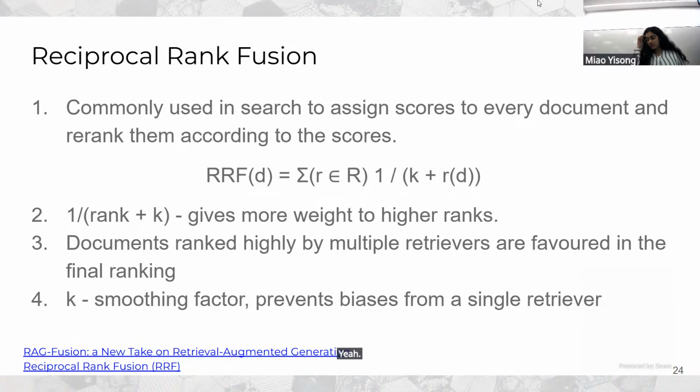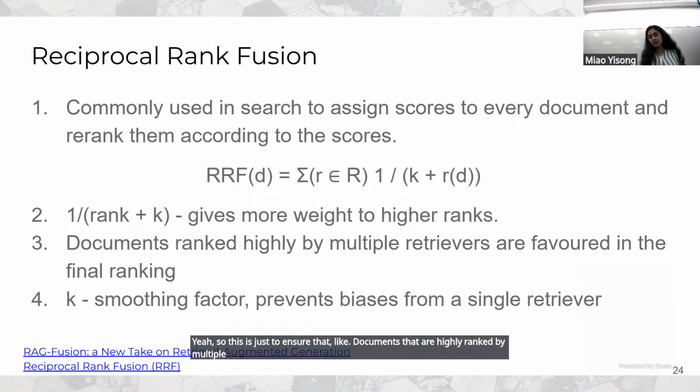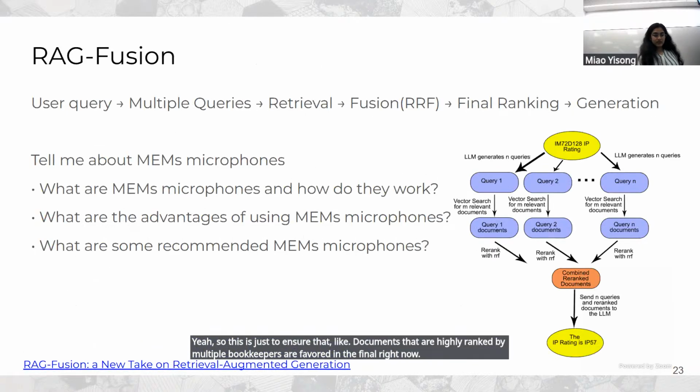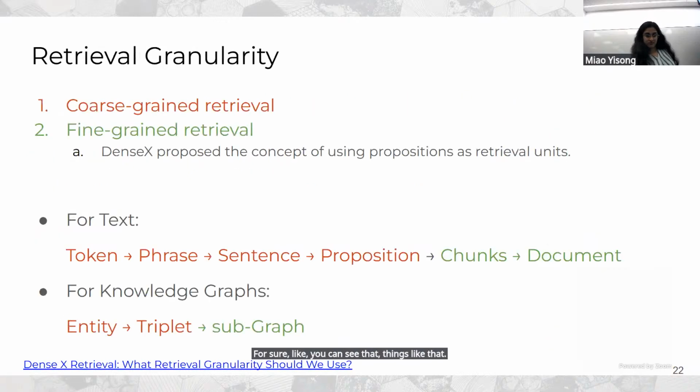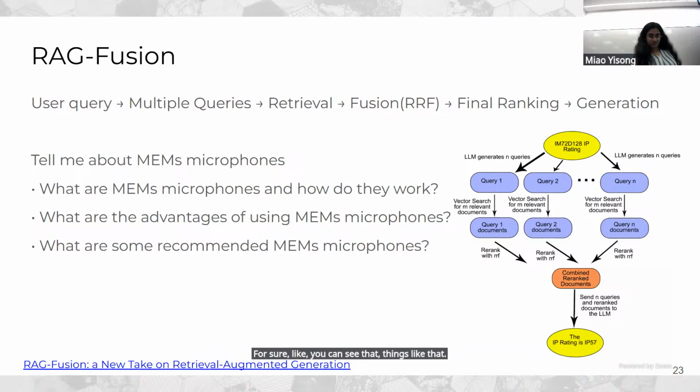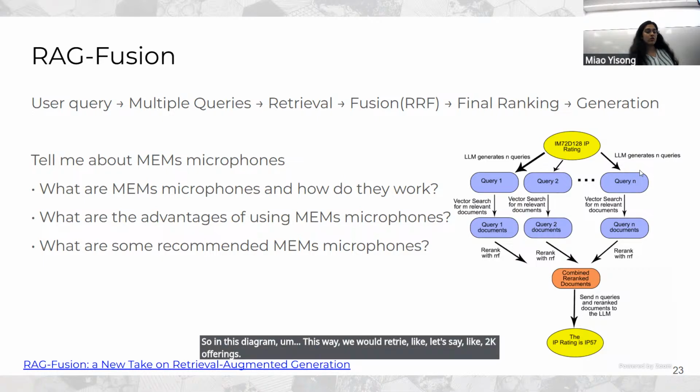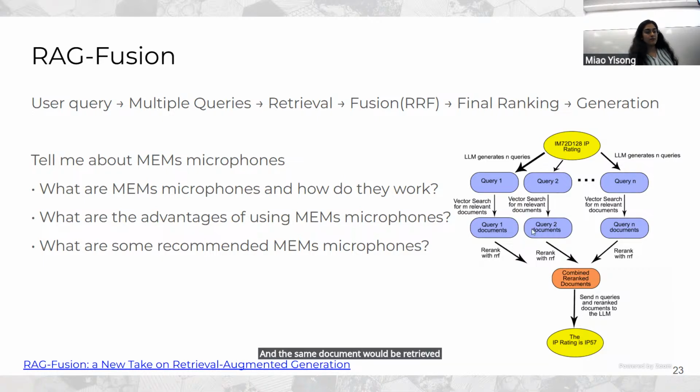This is just to ensure that documents that are highly ranked by multiple retrievers are favored in the final rank. You can see that in this diagram. In this diagram, this query would retrieve, let's say, two documents, and the same document would be retrieved by this query as well, because that means that document is more relevant.